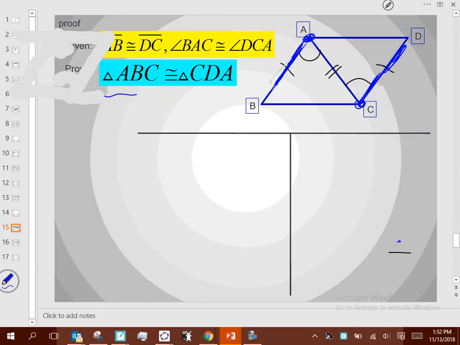at some point you might get something like this where you've gone through and maybe it's a proof, or maybe it's just a homework question that asks you to decide whether these two triangles are congruent or not, and you're going to have this information.